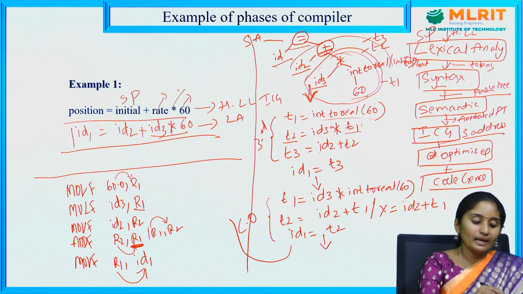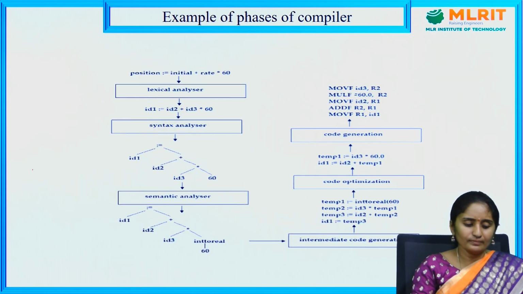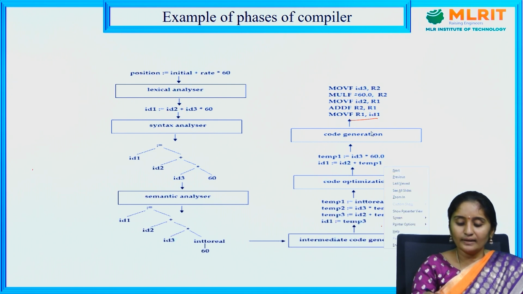When we have an expression, a source program, these 6 phases will be done to generate the assembly code. So this is one example. Same thing here: we have written lexical analyzer 60, it generates intermediate code, and it is given to the code generator as this one.